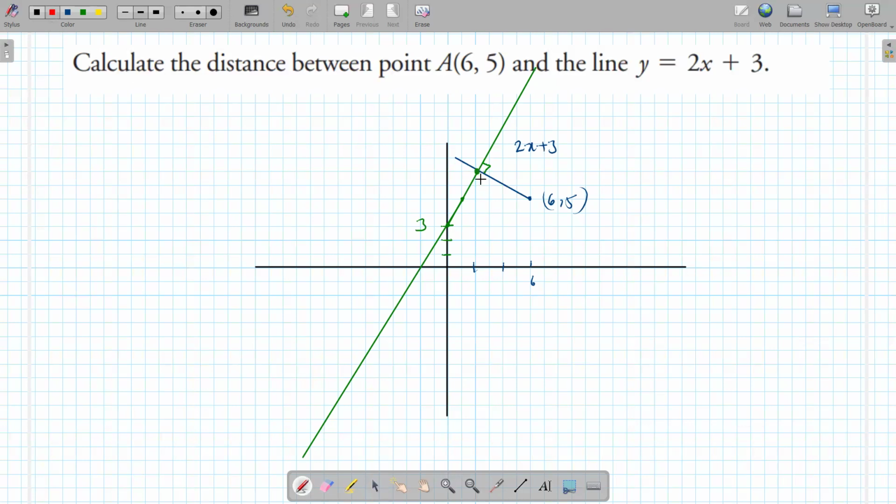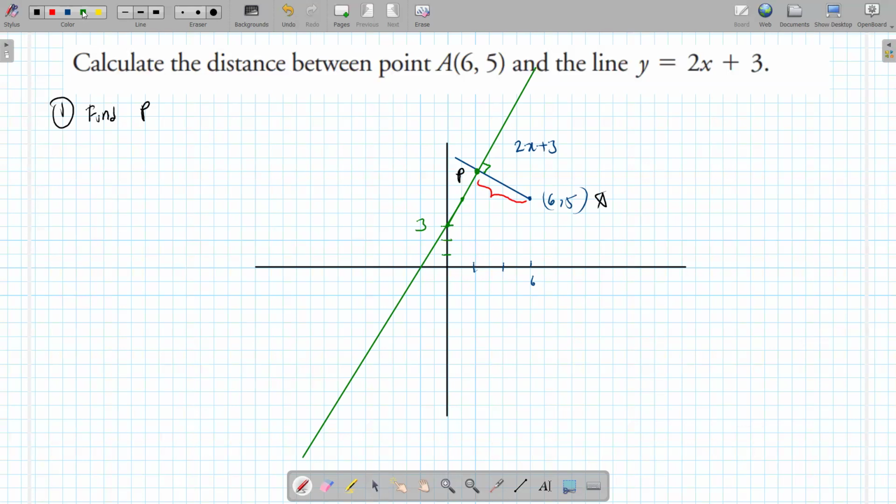And then once we find that point, we can use the distance formula or Pythagoras theorem to find the distance. So our first task is going to be find the point. So this is point A. Let's say this is point P. We need to find this point P such that these two lines are perpendicular.